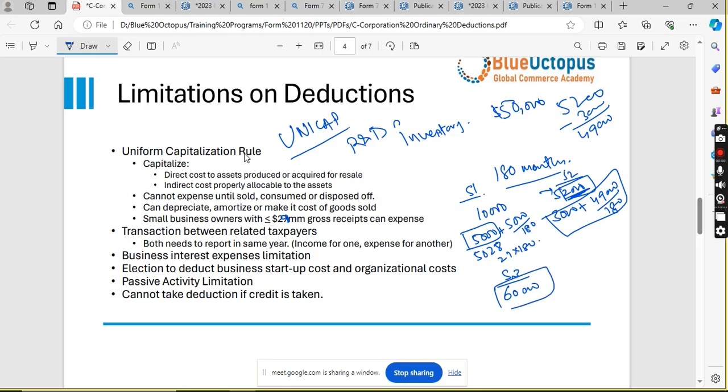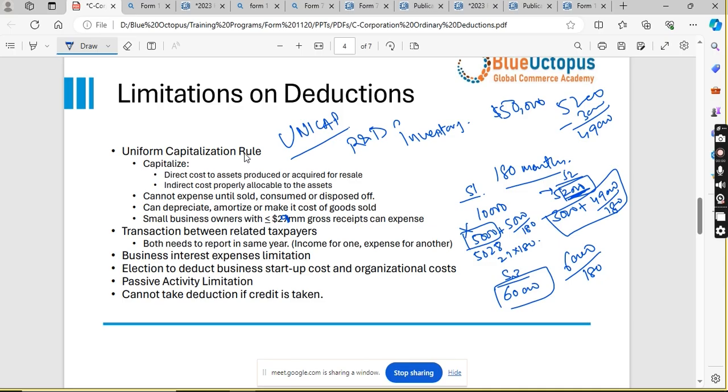Now if we see 60,000, here the whole 5,000 will be gone, because it is 10,000 in excess of the 50,000, right? So if you subtract 10,000 from 5,000, it will be negative. So the whole 60,000 you need to divide by 180, and it will start from the month of purchase of this cost. So this is the rule for startup and organizational cost.